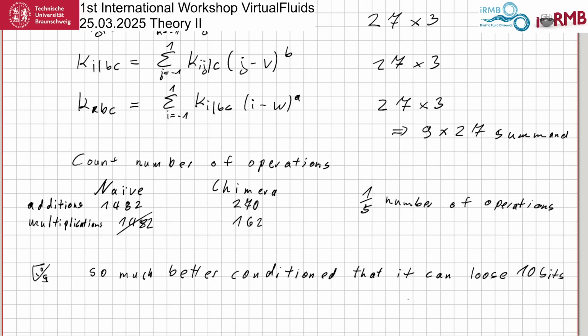I mean, say you have only 23, right? So the chimera transform lost 10 bits less than the naive transform. I mean, you can prove me wrong.